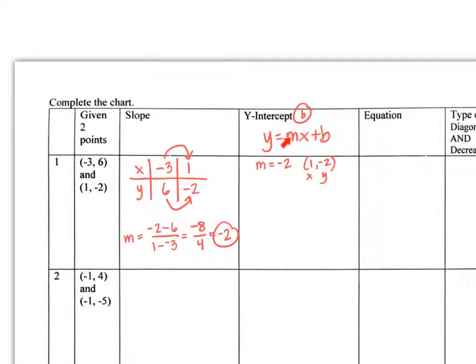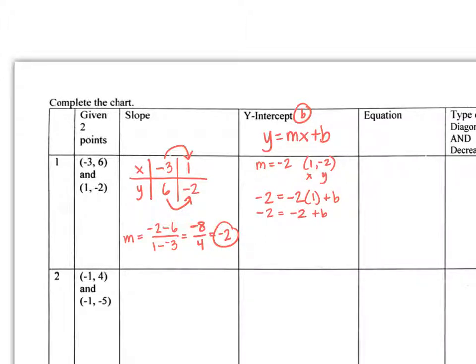So I'm just going to replace these. So here, instead of y equals mx plus b, it's going to be -2 equals -2 again, times 1 plus b. So then -2 times 1, there in the middle, is -2.